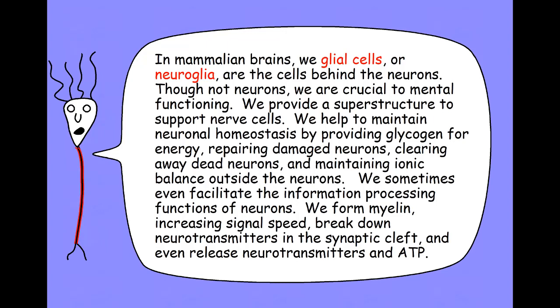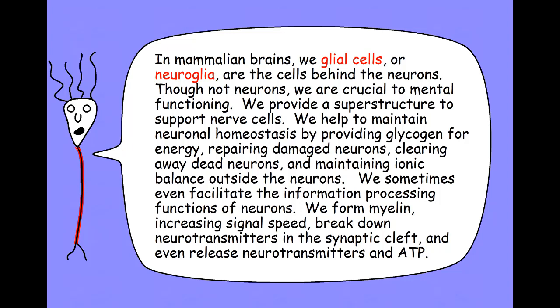And in the mammalian brain, glial cells, or neuroglia, are cells that really are crucial to mental functioning. They provide the superstructure that supports the nerve cells, which aren't actually mostly connected, physically anyway, and they develop and maintain neuronal homeostasis by providing glycogen for energy, repairing damaged neurons, clearing away dead neurons, and maintaining the ionic balance outside the neurons.